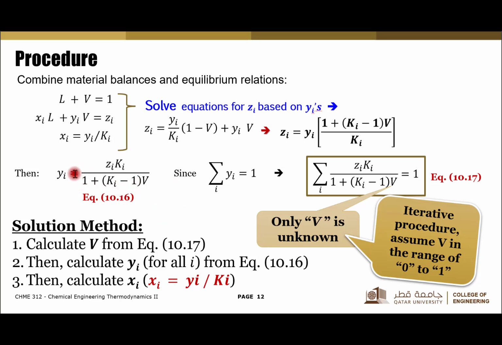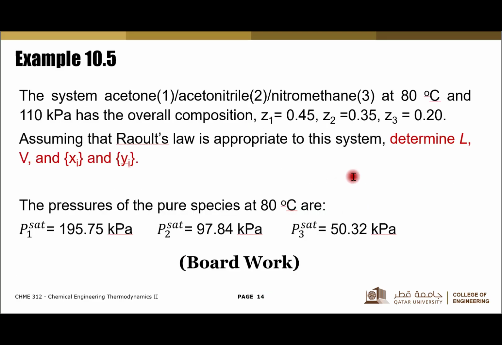Then you can get the mole fraction in the liquid phase by applying this expression, which uses the k you already have. Because we already know y, and we know k from the first step, we just apply it and find x. So today we're going to practice that in this problem, example 10.5.